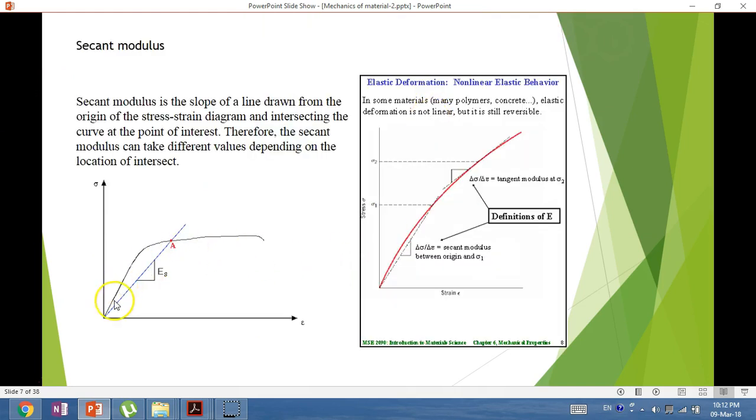We'll talk about what is the secant modulus. Secant modulus is the slope of a line drawn from the origin of the stress-strain diagram and intersecting the curve. Therefore, the secant modulus can take different values depending on the location of intersection.